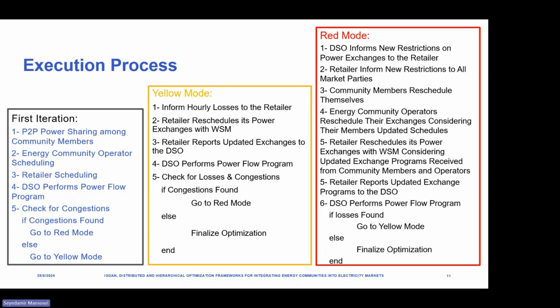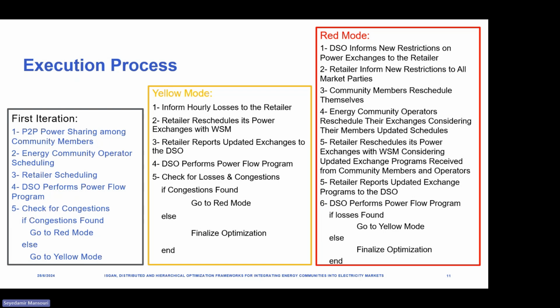And in the fourth step, the DSO receives the nodal exchange from the retailer and performs a power flow. The DSO can check the feasibility of all these transactions at the fifth level, and if the DSO finds congestions, the operation is going to red mode, otherwise going to yellow mode.